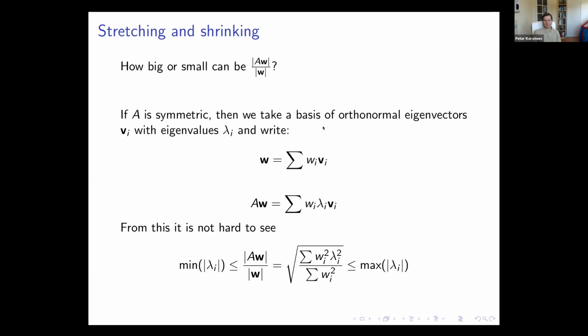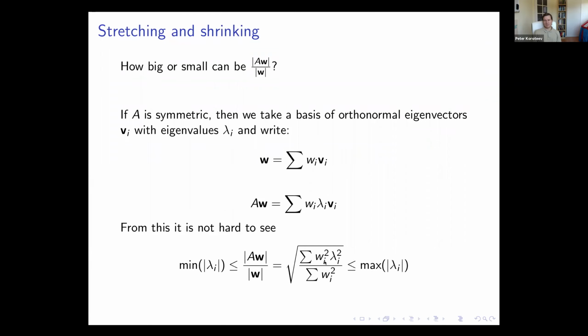And from here, we can see that this quantity, the norm of AW over the norm of W, is equal to the square root of the sum of the squares. And if you look at this ratio carefully, you see that the maximum value it may take is the maximum of the absolute value of lambda, right?